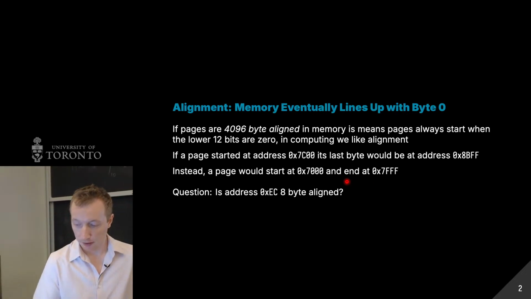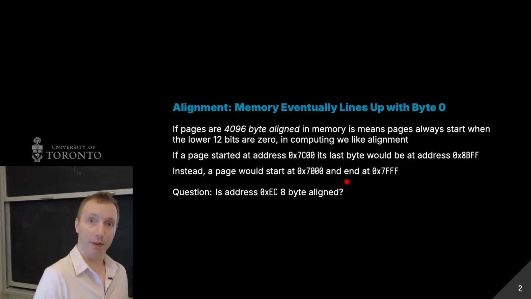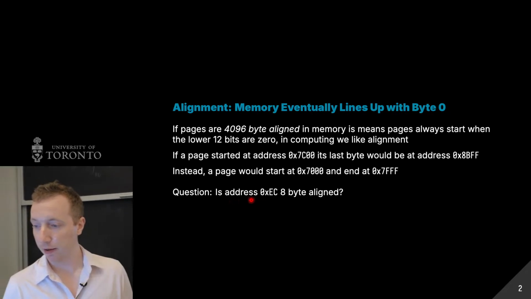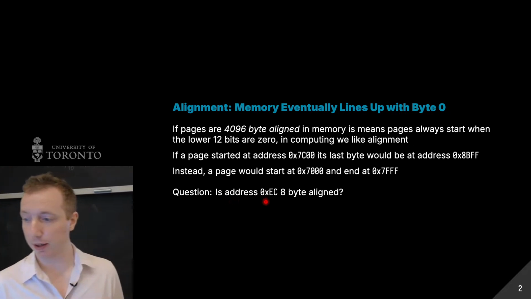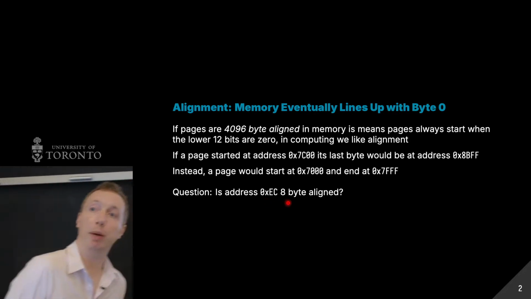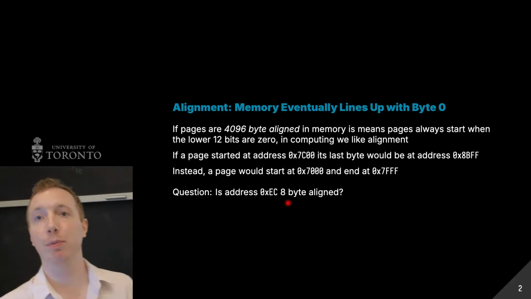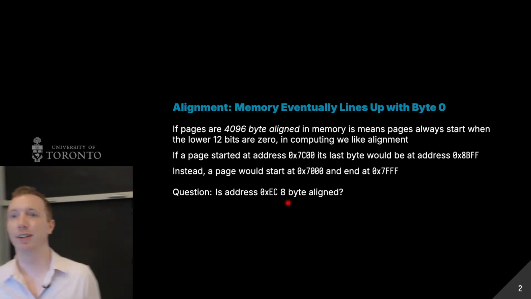So we take the address and say it's aligned if it's divisible by that number. Say I have the address EC, a memory address EC. I might be asking you things like, is that 8-byte aligned? What would you tell me? Is that 8-byte aligned, yes or no?